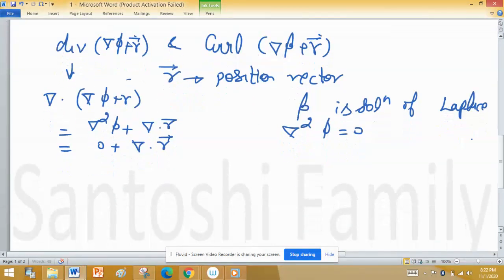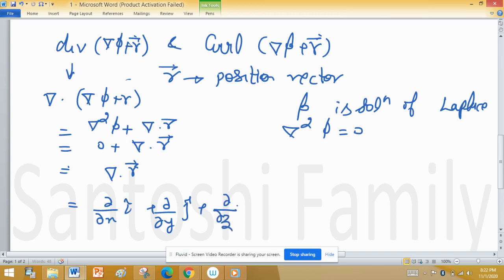Now we have to compute nabla dot r, a dot product: del upon del x i hat plus del upon del y j hat plus del upon del z k hat, with the position vector x i hat plus y j hat plus z k hat.